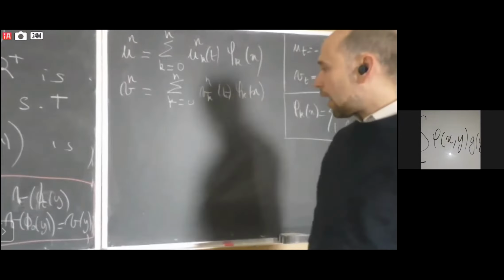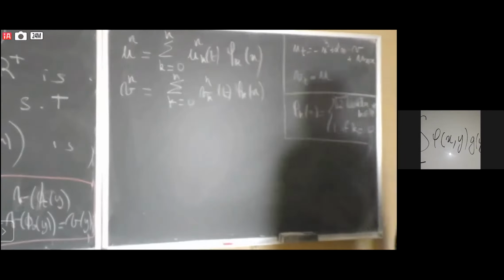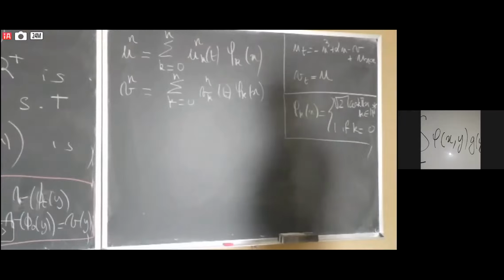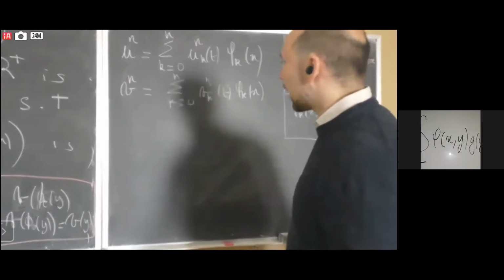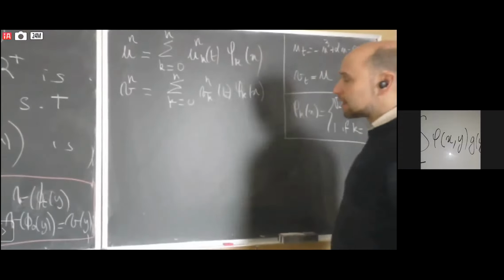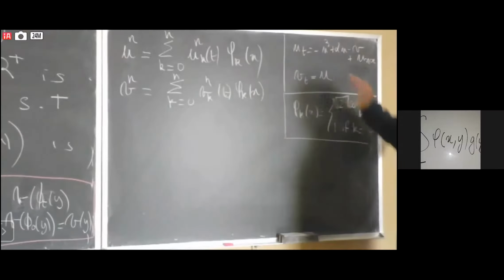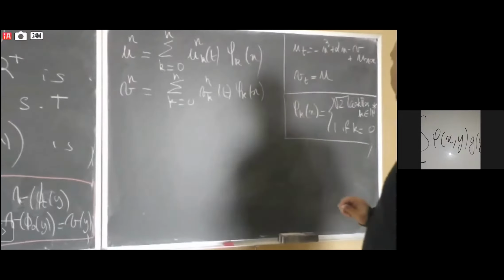And I want that these solutions of what? What are u_n and v_n? I want that u_n and v_n satisfy this equation.